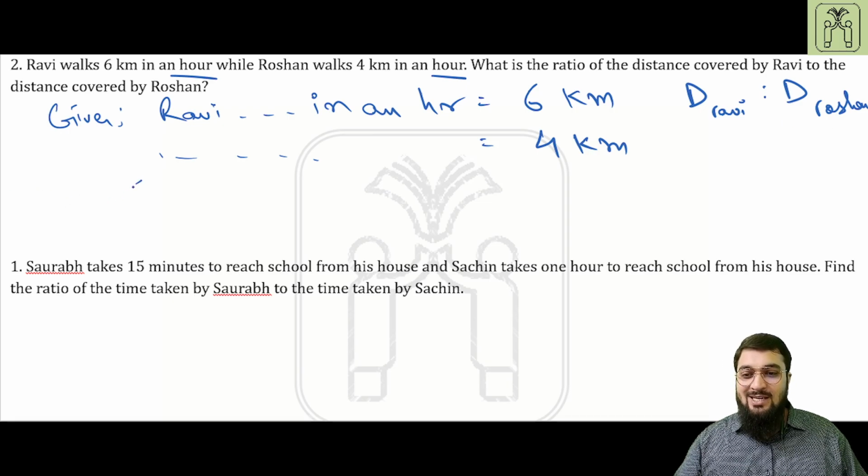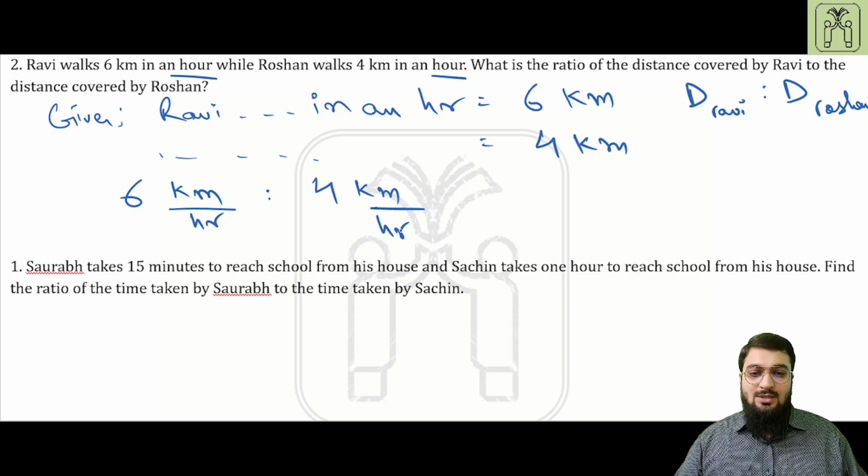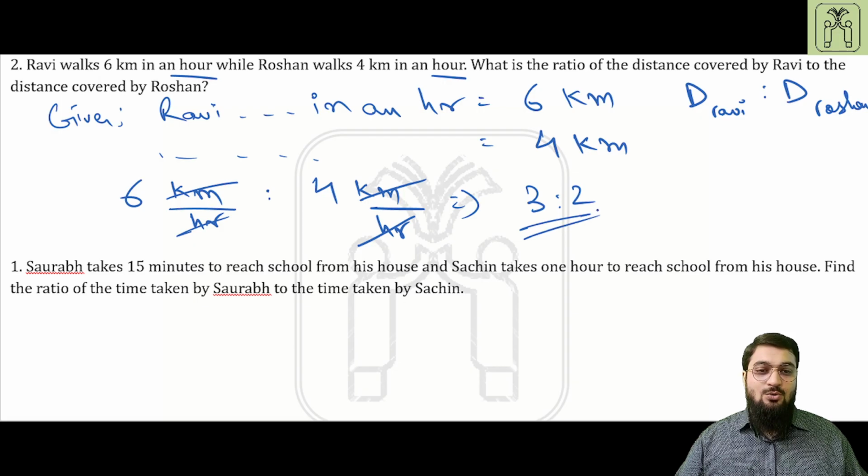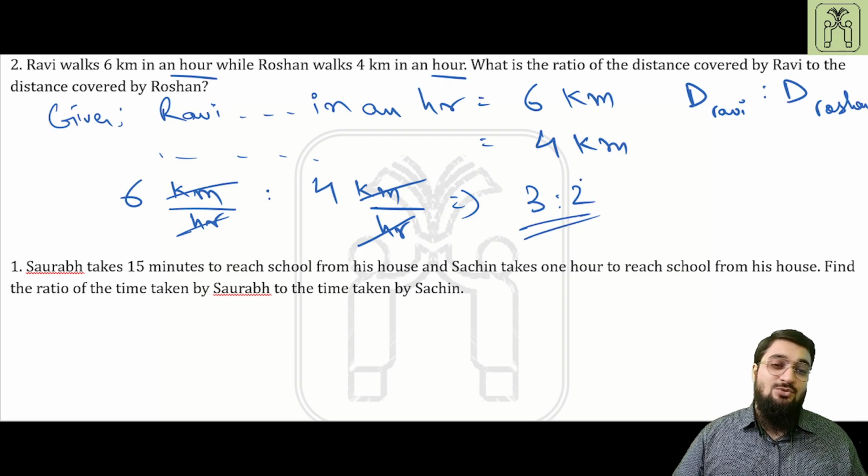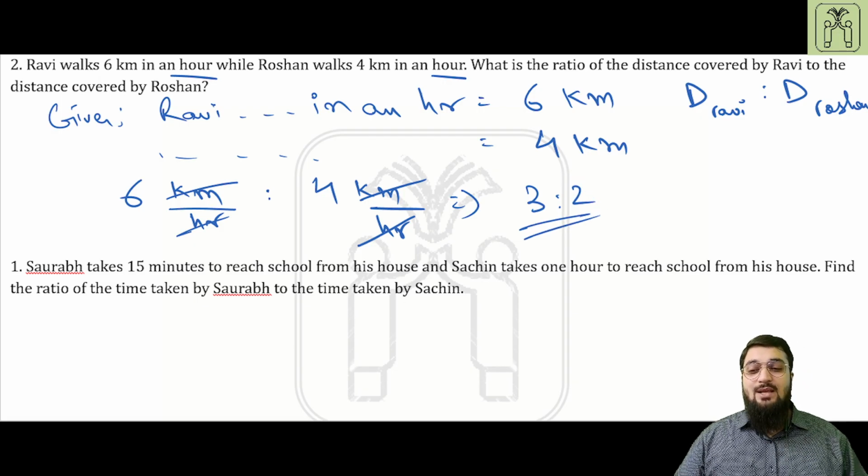So now we will write 6 kilometers is to 4 kilometers. Okay, and that will be in an hour. In an hour. Hour will get cancelled out. Kilometer will get cancelled out. 2 will become the highest common factor, and that will give us the answer of 3 is to 2. So the answer is 3 is to 2 for Ravi is to Roshan.